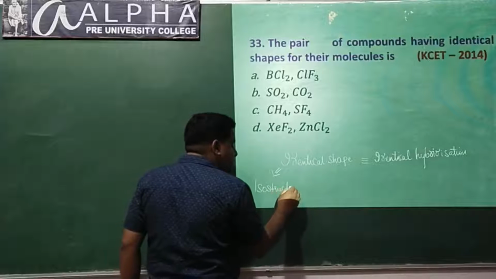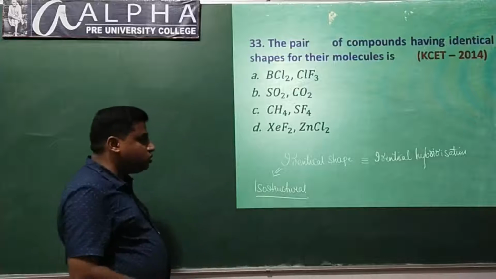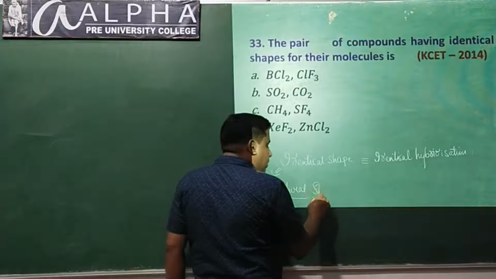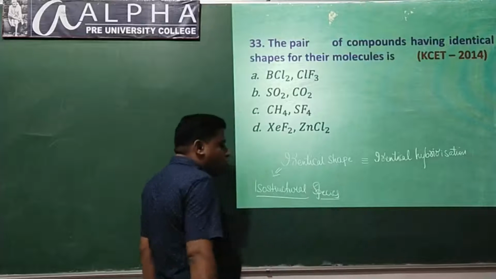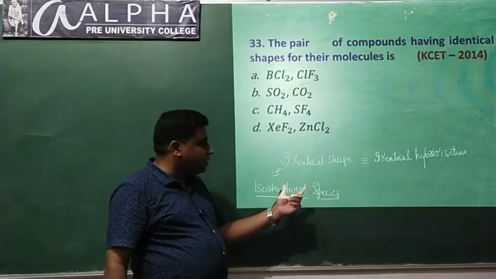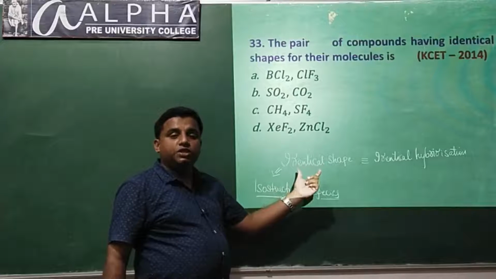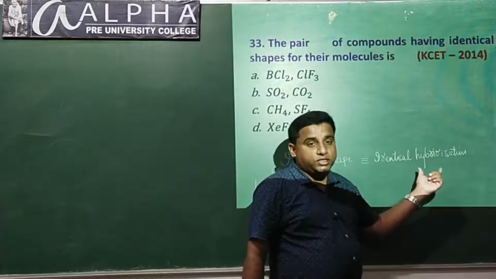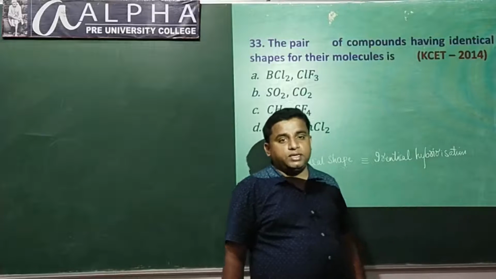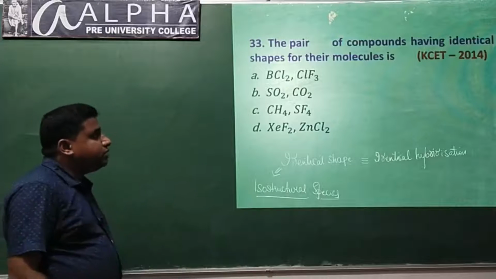Isostructural. Are you able to understand? What do you mean by isostructural species, or isostructural molecules, anything is fine? Species having identical shape. When do you say that the species has identical shape? When they have the same hybridization. Shall we talk about the pair of compounds having identical shapes?